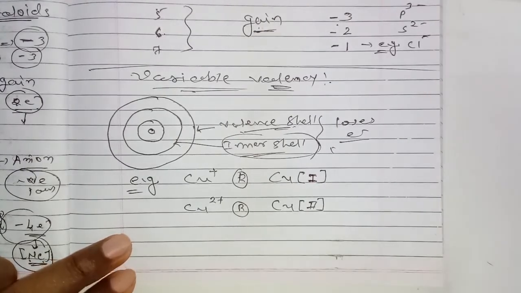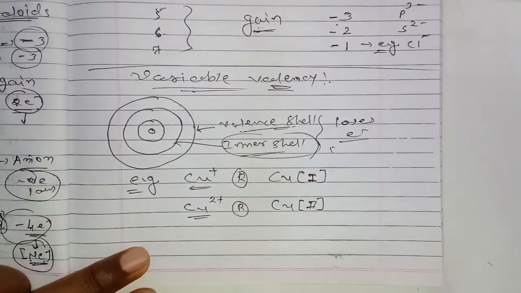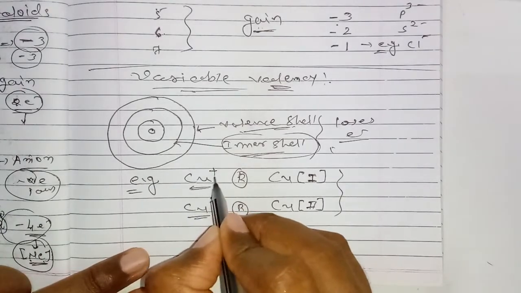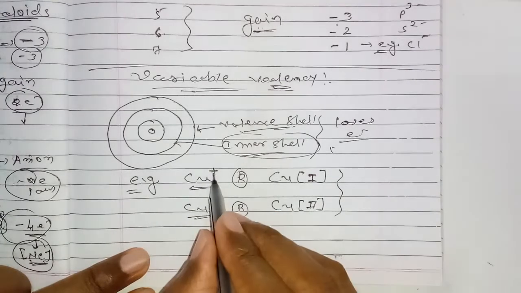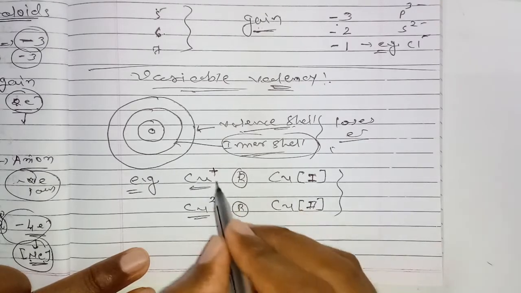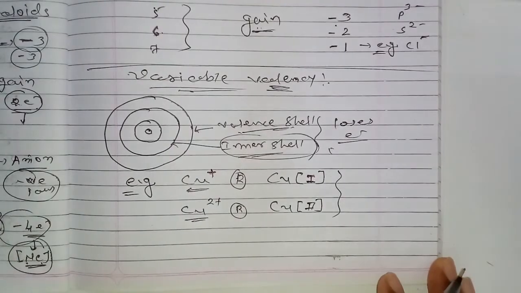So which one is the copper ion is the main question. Copper has variable valency: it loses either 1 electron or 2 electrons.